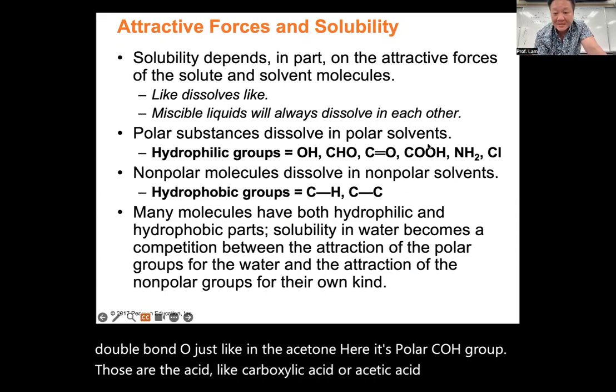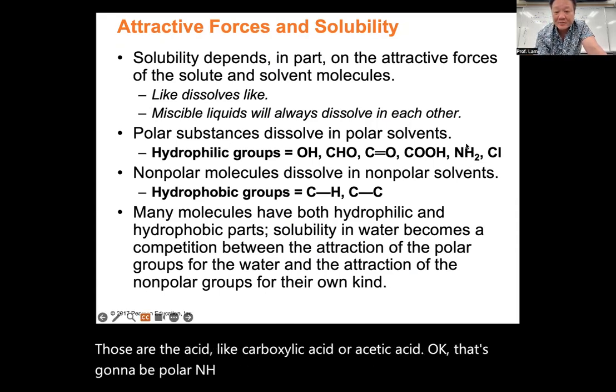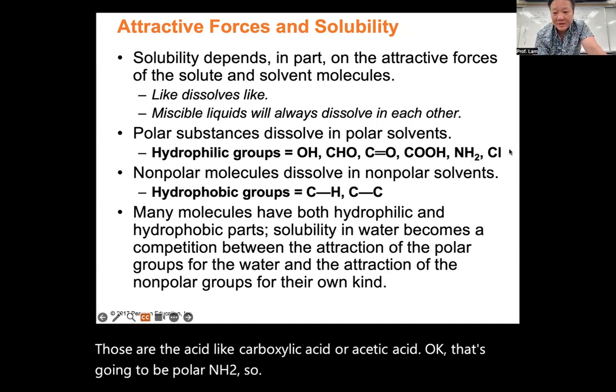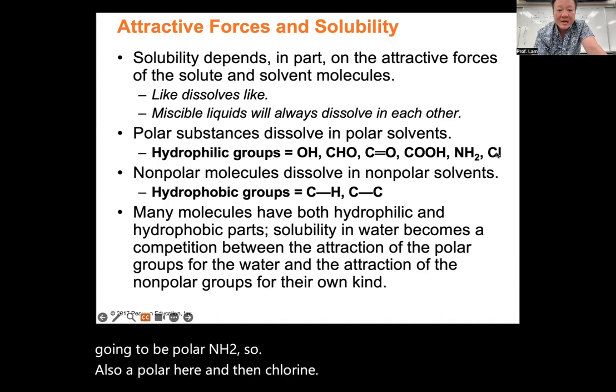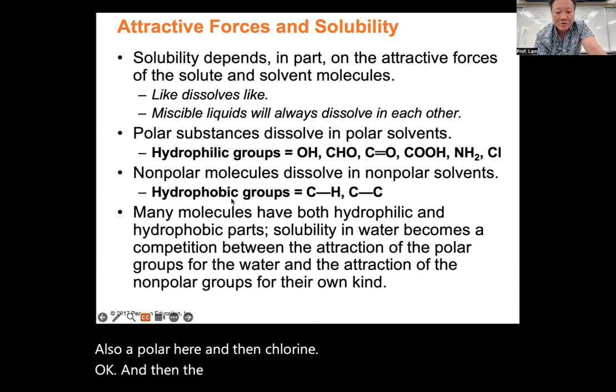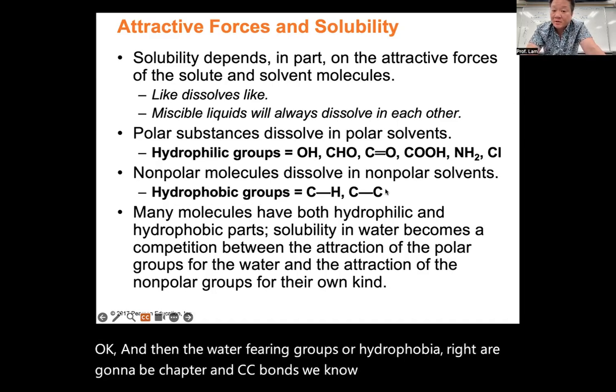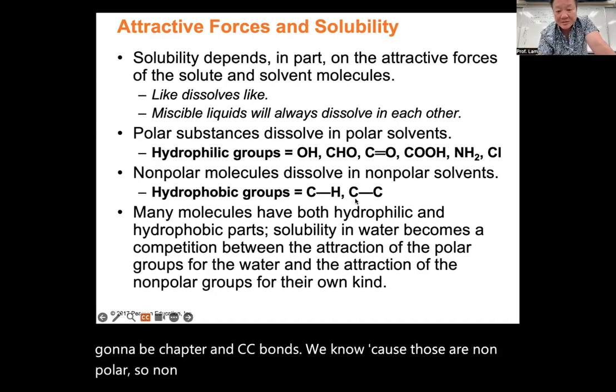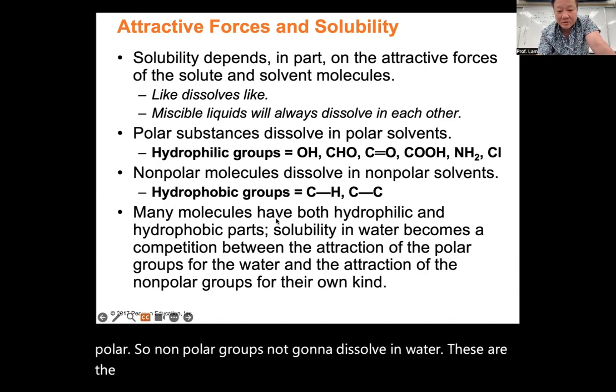Okay, that's gonna be polar. NH2, also polar here, and then chlorine. Okay, and then the water-fearing groups, right, hydrophobic, are going to be CH and CC bonds. We know because those are nonpolar. So nonpolar groups not going to dissolve in water. These are the groups that are going to dissolve in water.